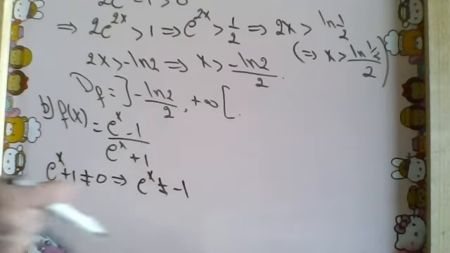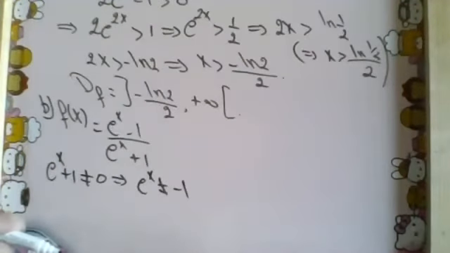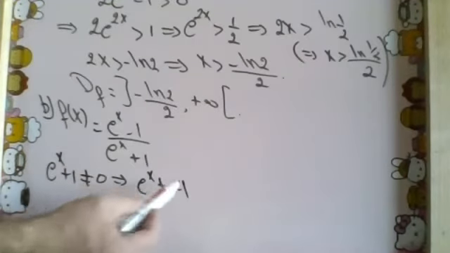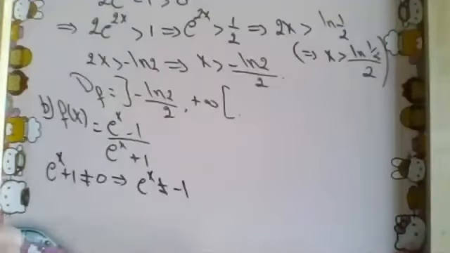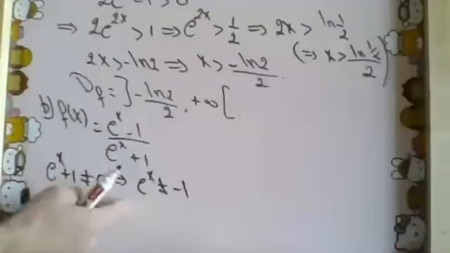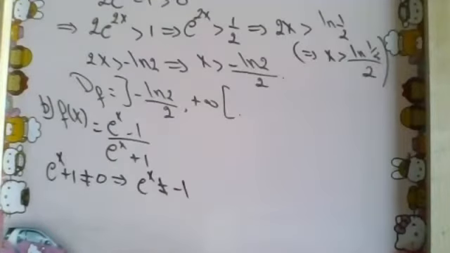Can we apply ln on both sides? No, it would become negative inside, so we can't apply ln. What can you say about the sign of e power x? Positive. So for sure it is not equal to negative 1.